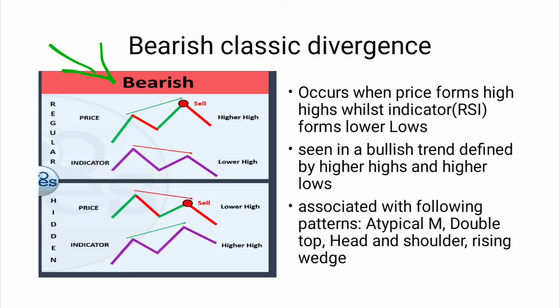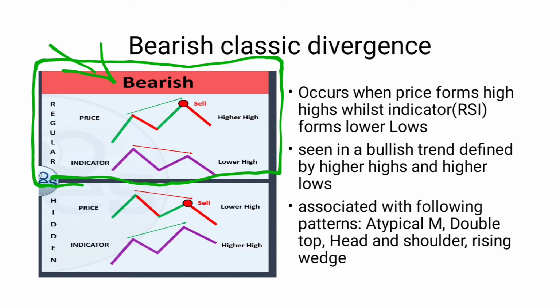Price is in an uptrend, and let's focus on this window, not the hidden one. To define an uptrend, price forms higher highs, higher lows, higher highs, higher lows. But if we now say divergence, we're saying the RSI is forming lower highs.